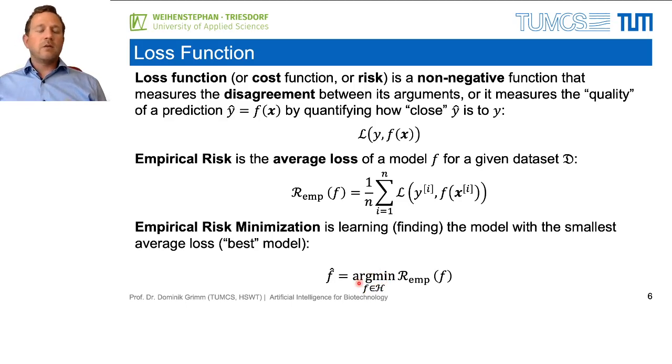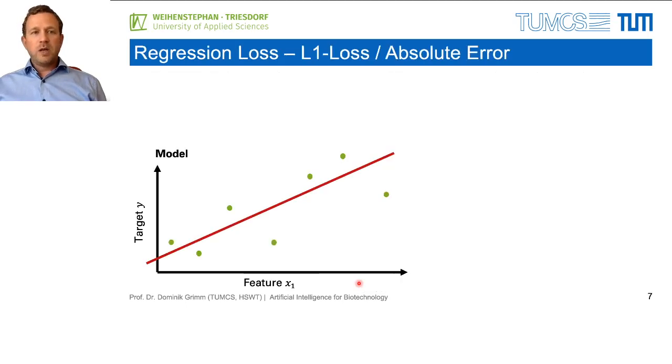So first, let's look at some loss functions. How can we measure or quantify the quality of our predictions? And therefore, we look first at the so-called L1 loss, or the absolute error. So let's say we have here again our feature x1, which is, for example, the size of the house, and we have our target, which is the price of the house, and then we have here a linear function.